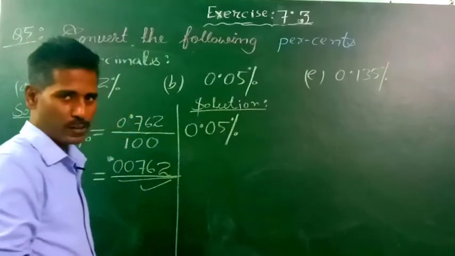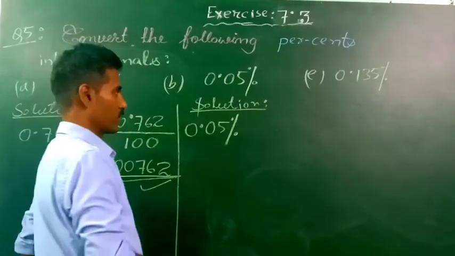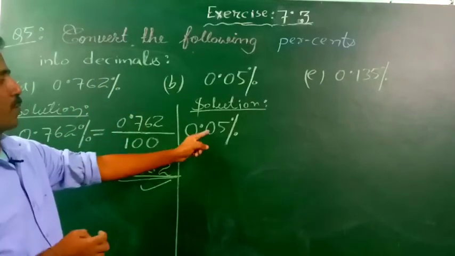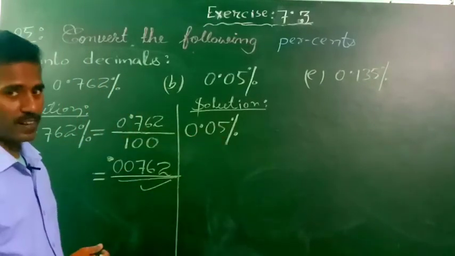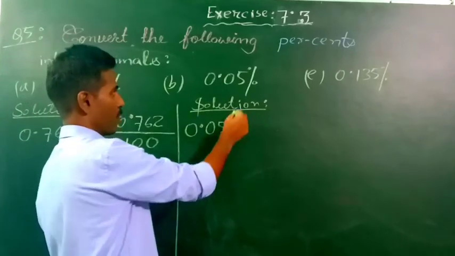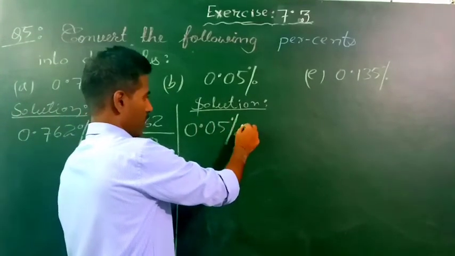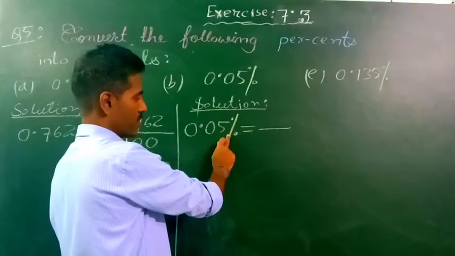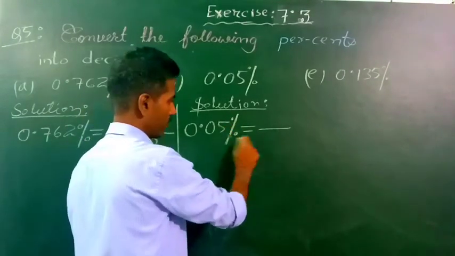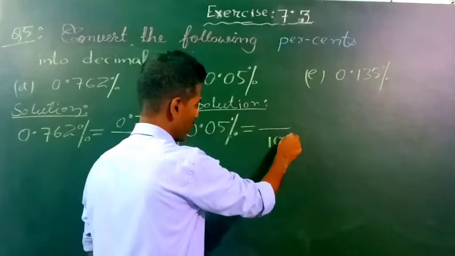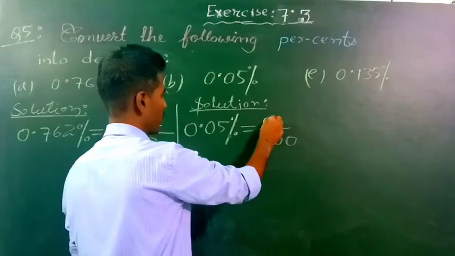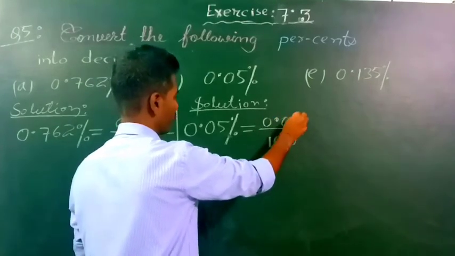Would you like to do along with me? Take out your notebooks and carry on. 0.05%. Now see, we know since here percent is there, for this percent we'll write here 100, and we'll no more write percent here, and here what is there, 0.05.